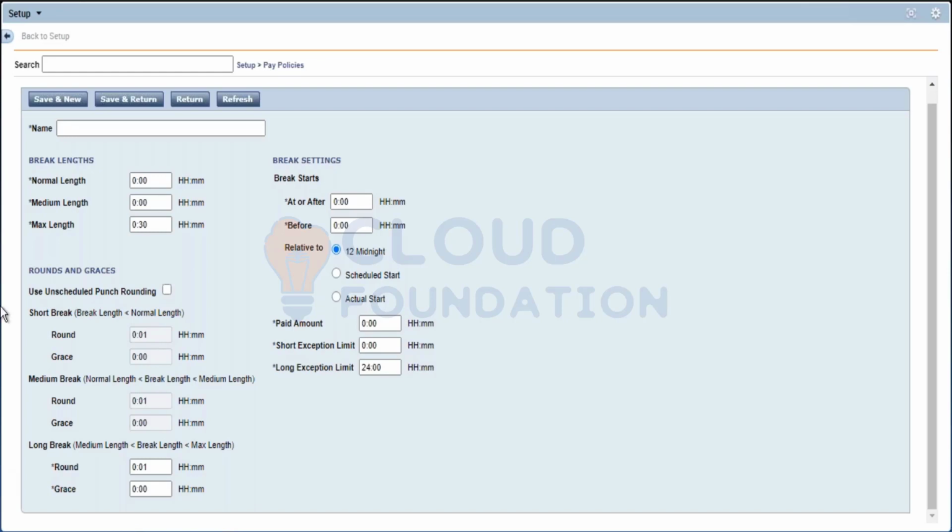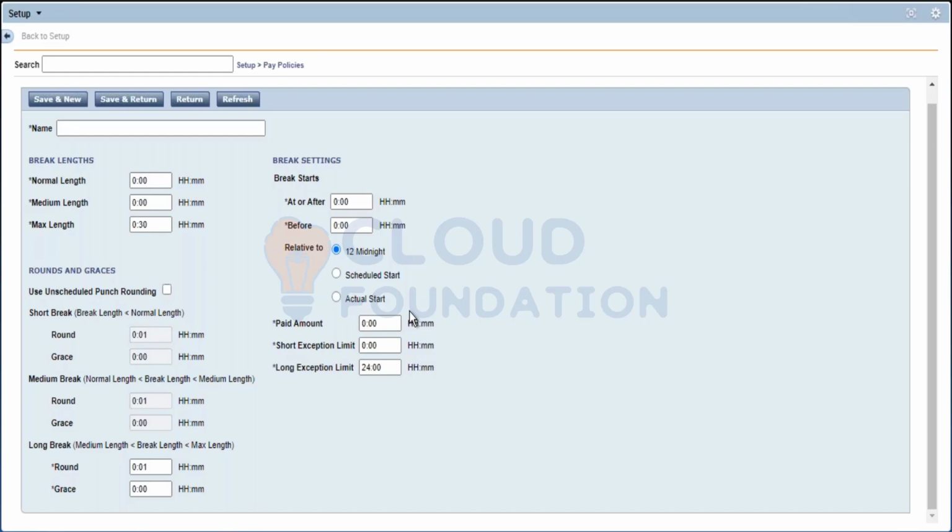The third option is your break starts relative to. You can select at midnight, or your scheduled start, or your actual start. This option determines how the break starts at or after and before options work. Relative to midnight sets those options as fixed points in time, so there's no change in it, while the schedule and start are available.